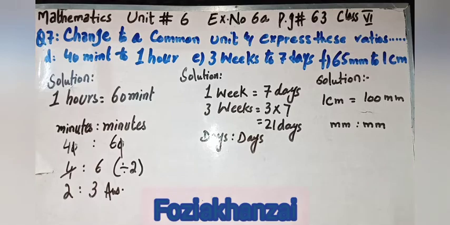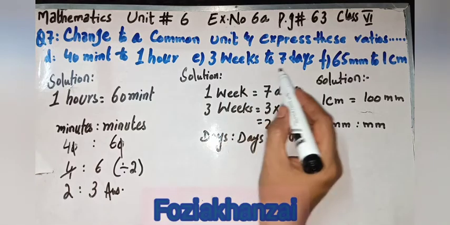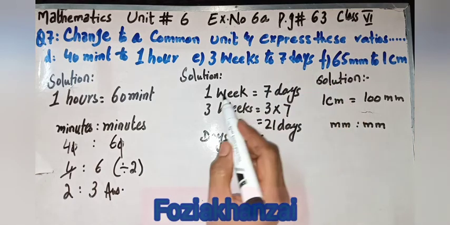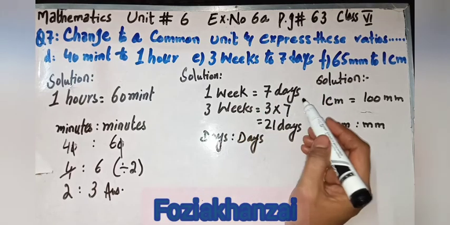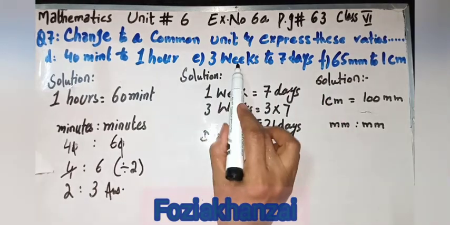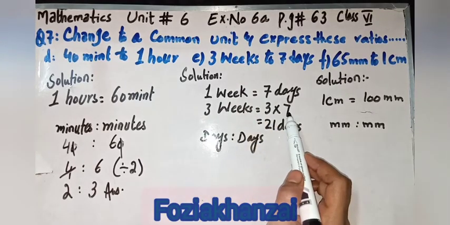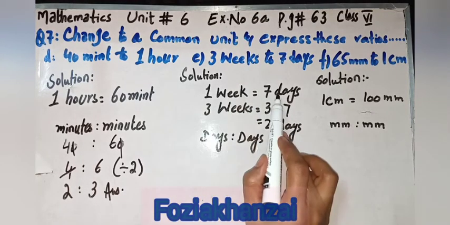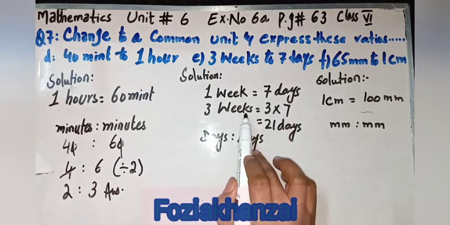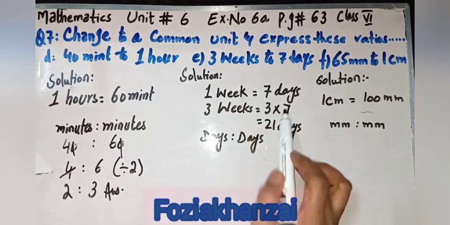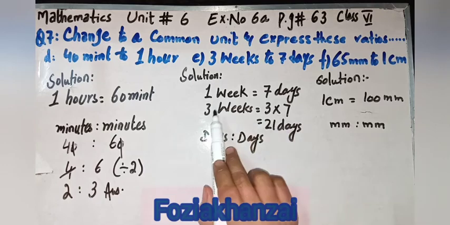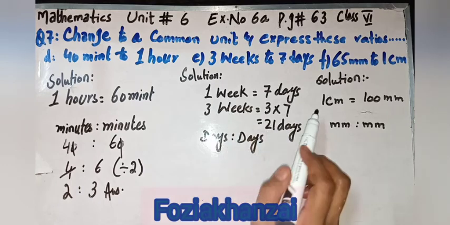Now the next part, E: 3 weeks to 7 days. We know 1 week is equal to 7 days. Now we have 3 weeks given. So 3 weeks is equal to multiply by 7. 1 week is equal to 7 days. So 3 multiply by 7. 3 7s are 21 days. 3 weeks is equal to 21 days.